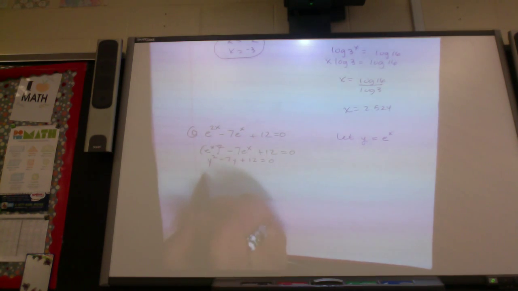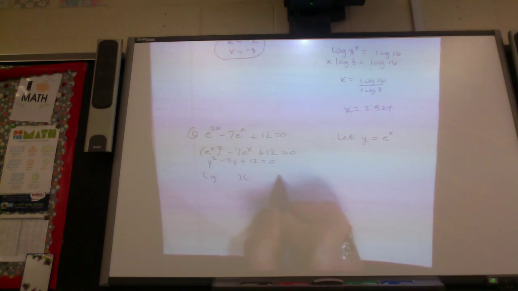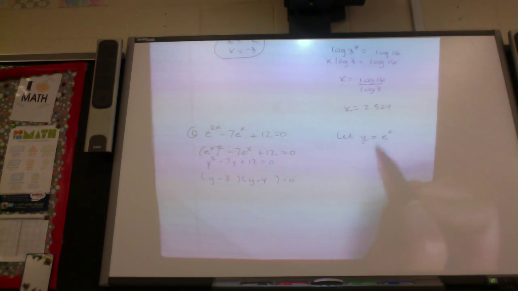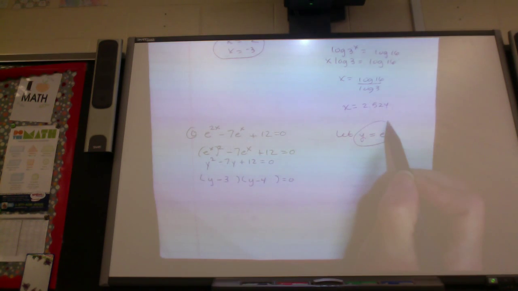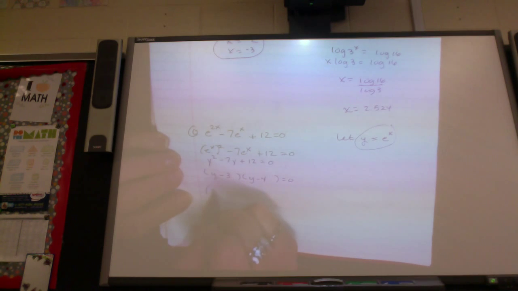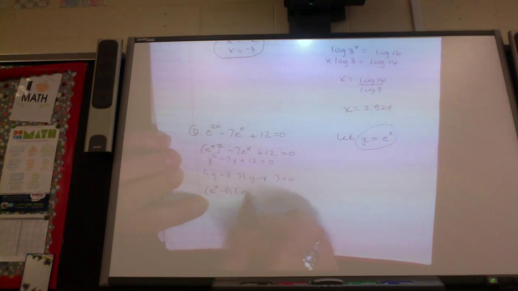So this factors to what? y minus 3, y minus 4. Except now what is y? It's e to the x. So this would factor to e to the x minus 3 times e to the x minus 4.